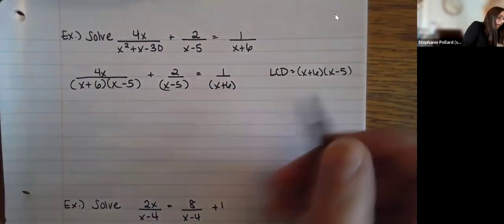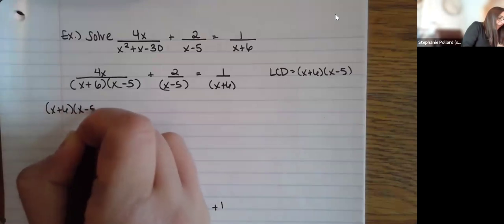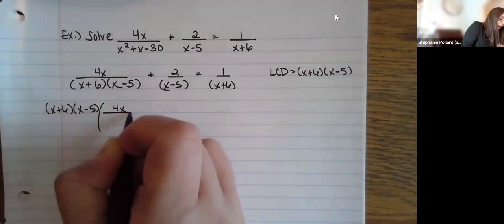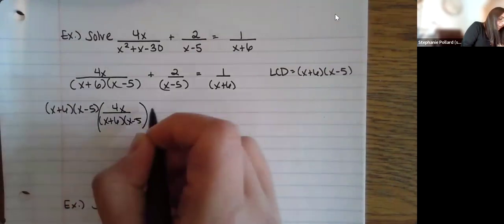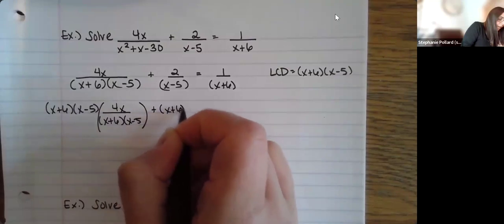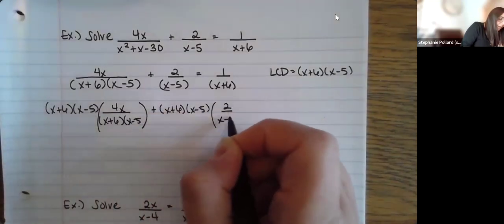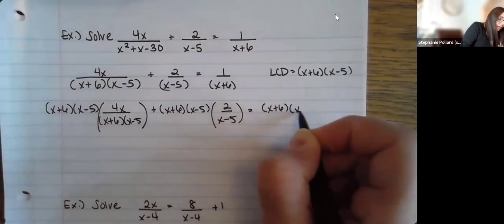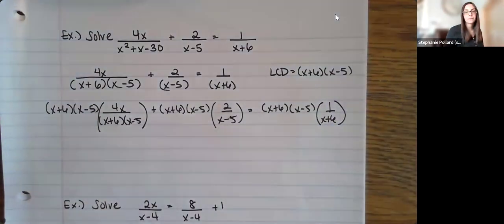So I'm going to start here, x plus 6, x minus 5, and that's getting multiplied by 4x over x plus 6, x minus 5. I multiply the second piece. And on the other side, I multiply the last piece. So these can be a little bit long. You just need to take your time with them.